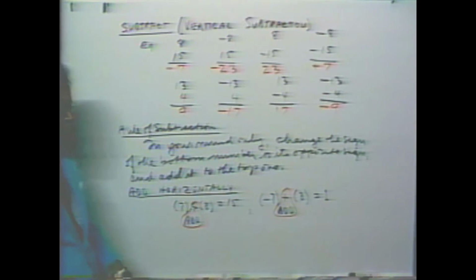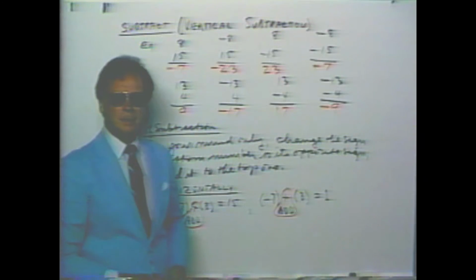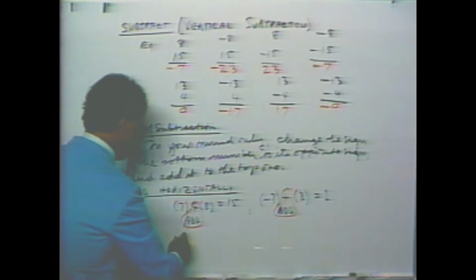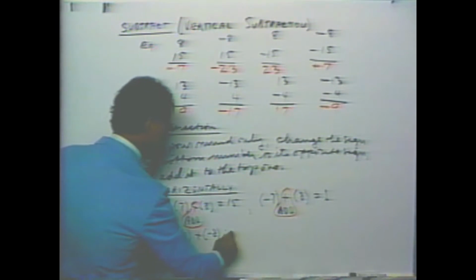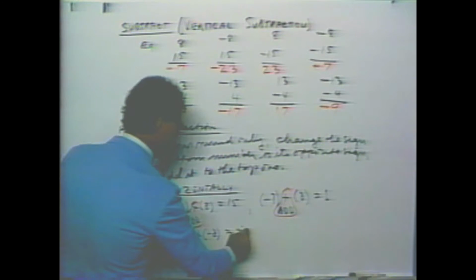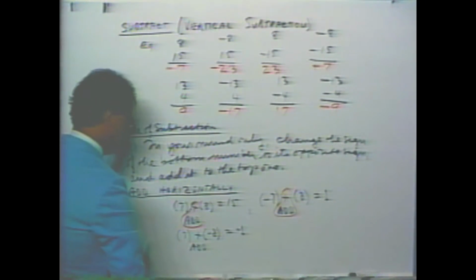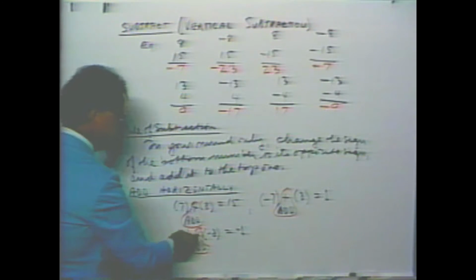These are the same questions that we did earlier in vertical addition. Here's another one of the examples. We had 7 plus negative 8, which equaled negative 1. Here again is the add operation indicated by that plus sign.